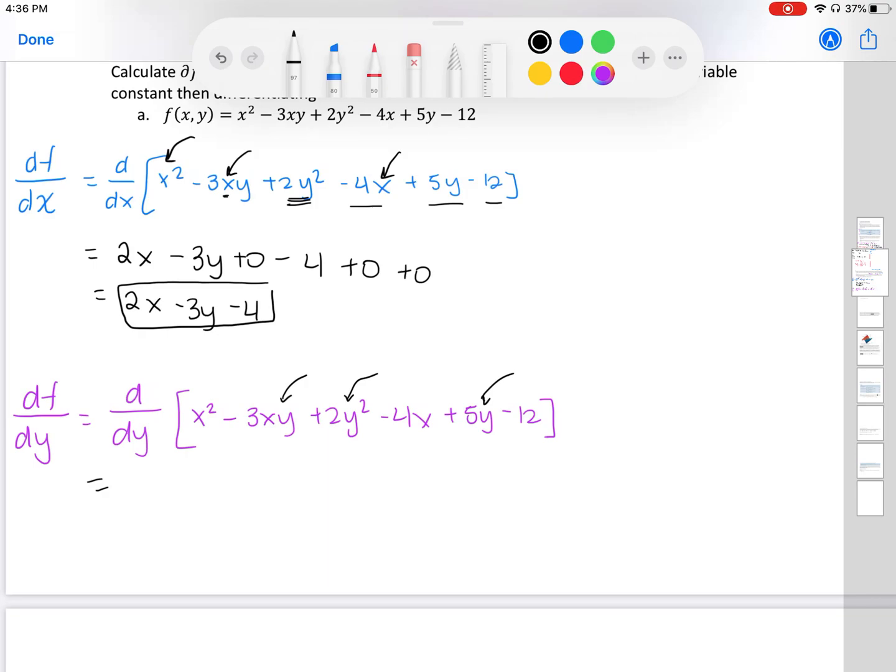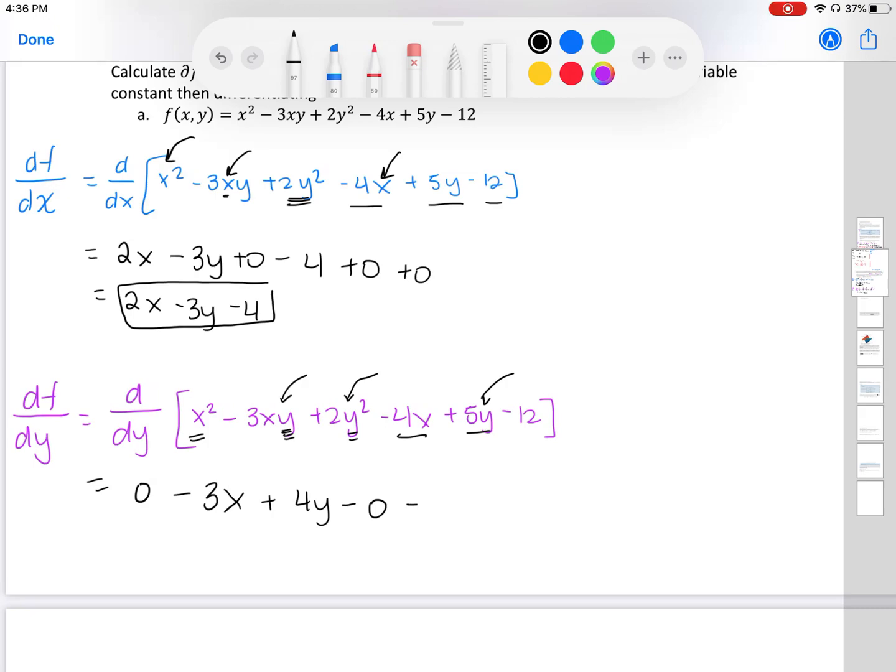So first I have x squared. The derivative of x squared, well, we treat it as a number. So think of it as like 2 or 1. Our derivative would be 0 minus the derivative of y is 1. So we have negative 3x. The derivative of that 2y squared would be 4y. The derivative of negative 4x, well, x is a constant.